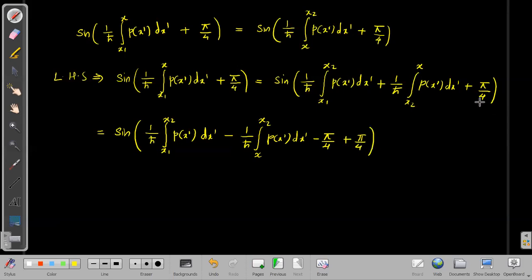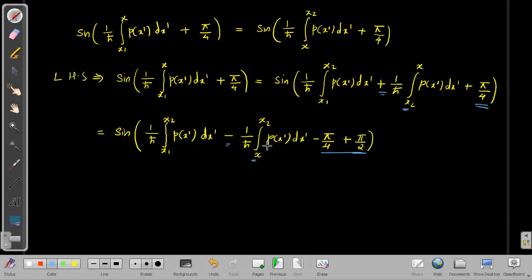I am just interchanging the limits of the second term. So what I have done is this pi by 4 I have written as minus pi by 4 plus pi by 2, so it's okay. And this plus integral x2 to x I have written as minus integral x to x2. So that is what I have done.